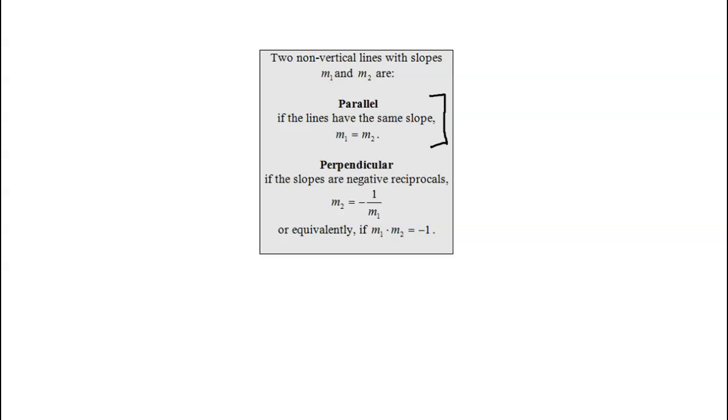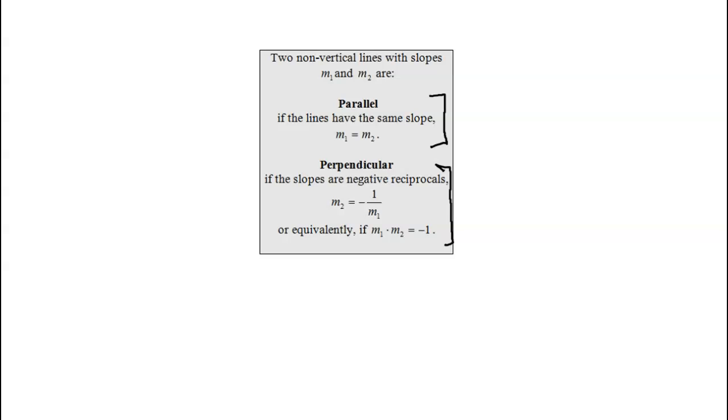So m1 is equal to m2. And then in our perpendicular box, we can write: if the slopes are negative reciprocals, which basically means if I multiply them together, I'll always get negative 1.